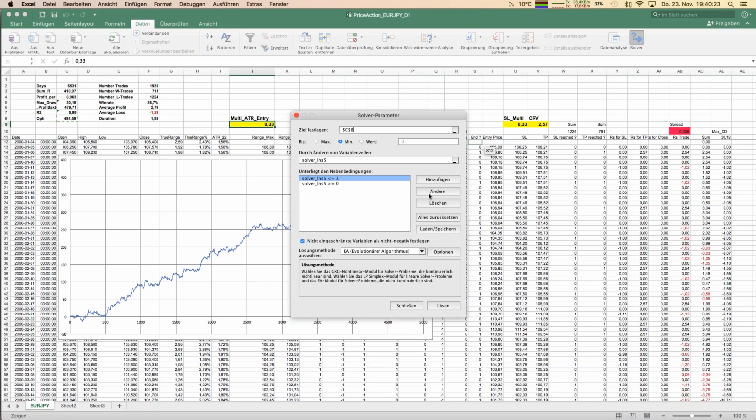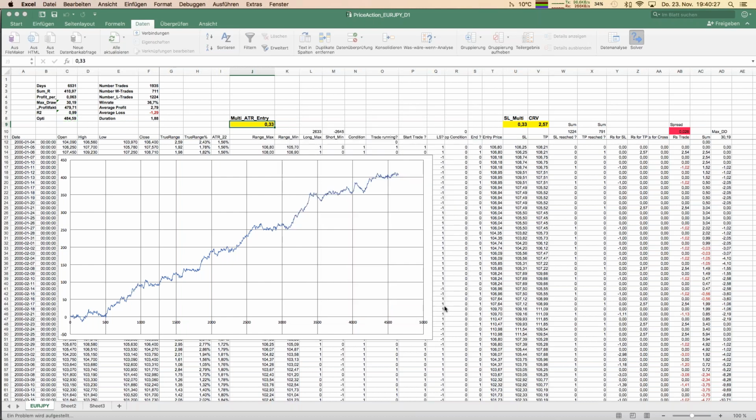And then you can say, okay, please optimize. And then the computer is doing the rest of that job. It always takes time, so you can drink coffee here a lot while waiting for those results. But anyhow, the computer is doing its job and is optimizing your strategy.